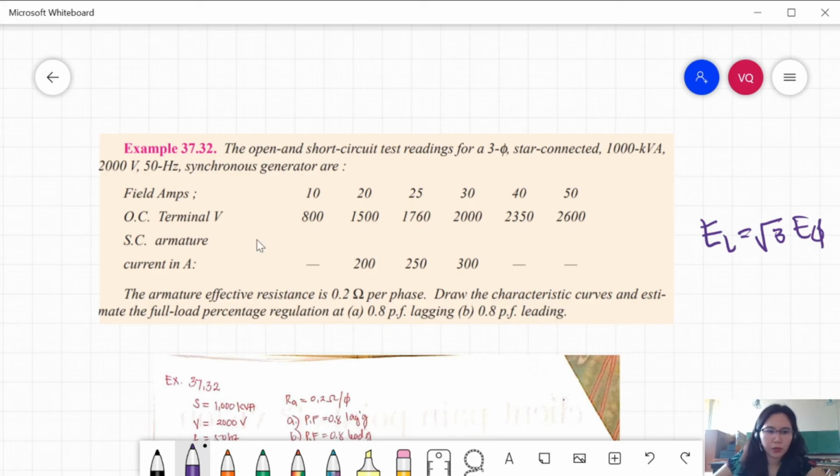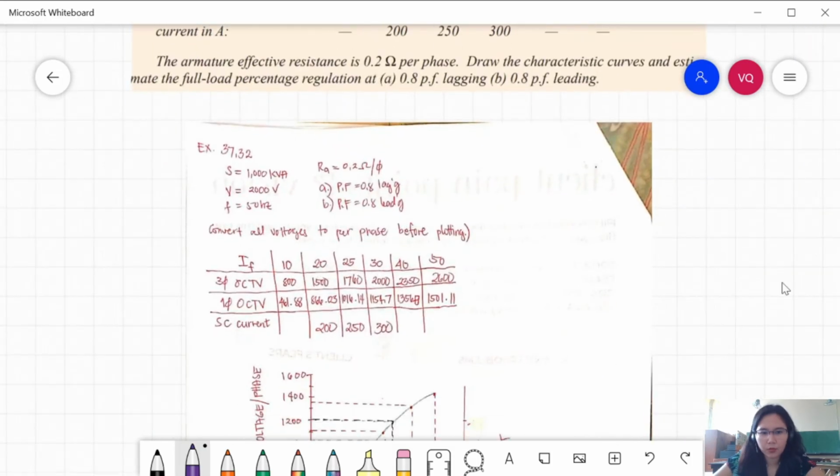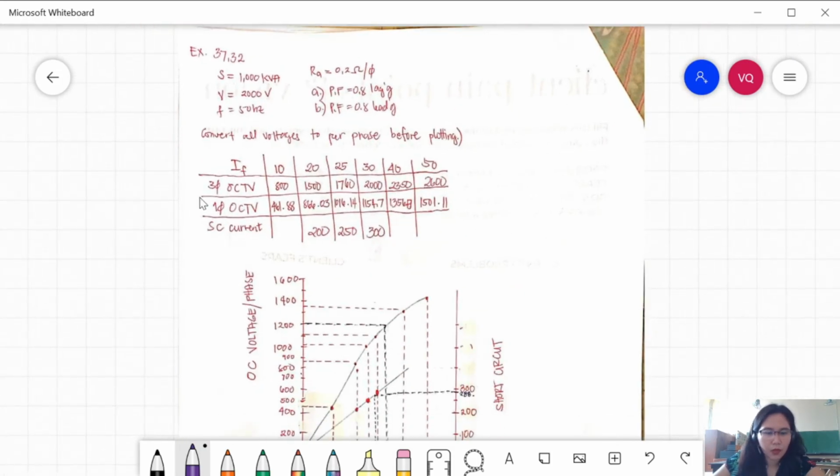The given OC terminal voltages here are three-phase. So our single phase open circuit terminal voltages now will be 461.88, 866.03, 1016.14, 1154.7, 1356.8, and 1501.11.